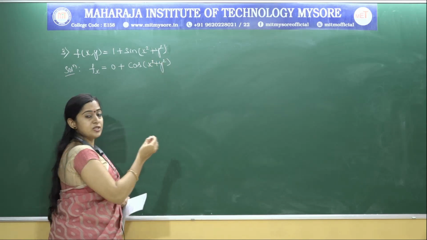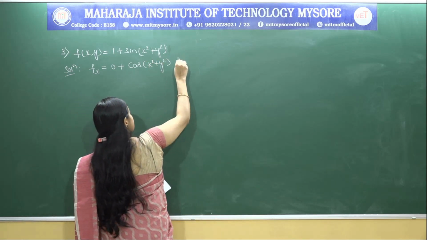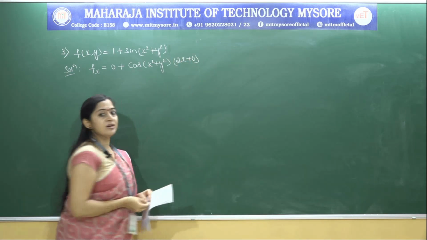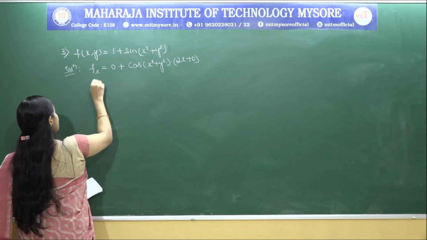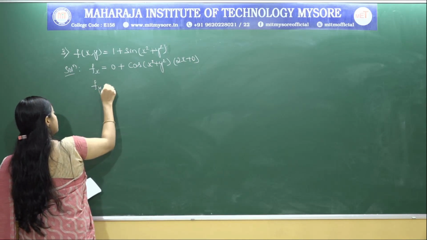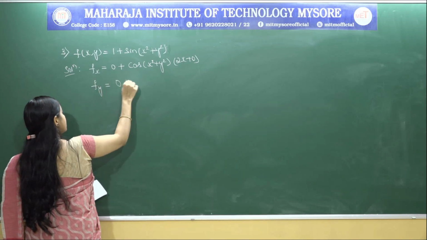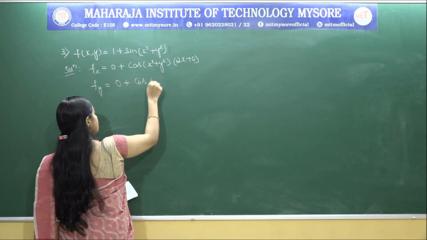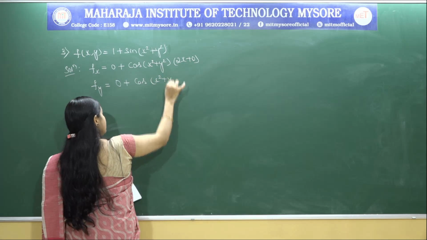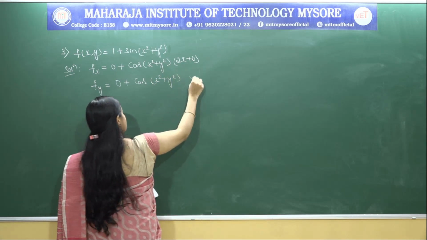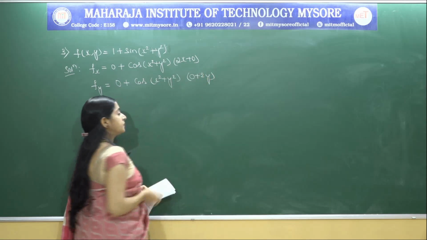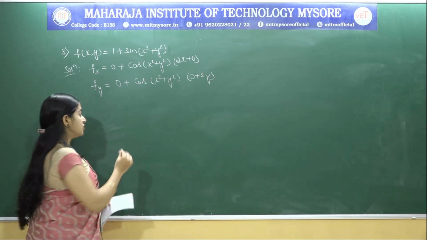Differentiate x square plus y square with respect to x, so 2x plus 0. Similarly, you take the next differentiation fy, the differentiation of 1 is 0, differentiate the sine again, you will get cos of x square plus y square, then the x square differentiation is 0, the y square differentiation is 2y. Then equate this to 0.